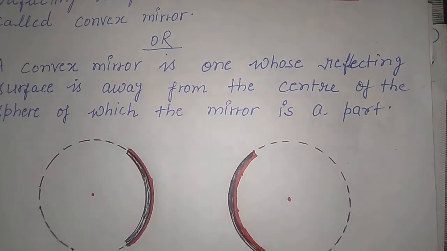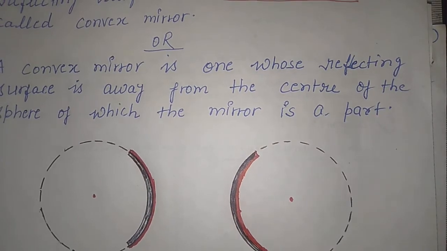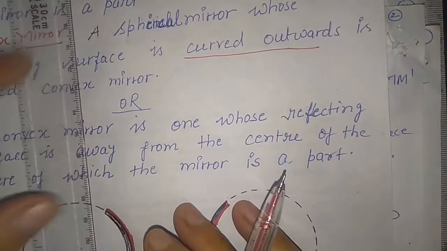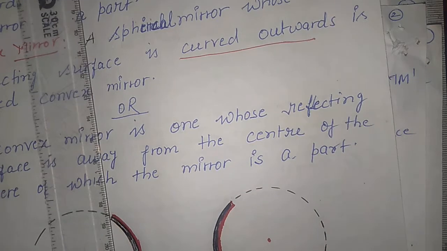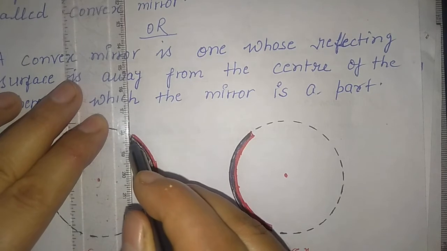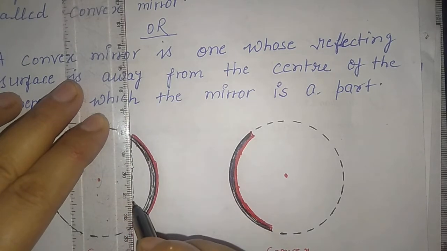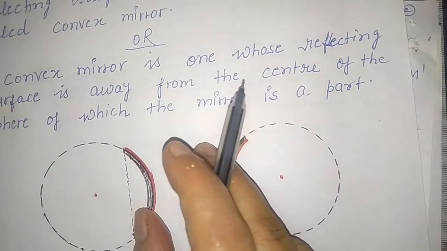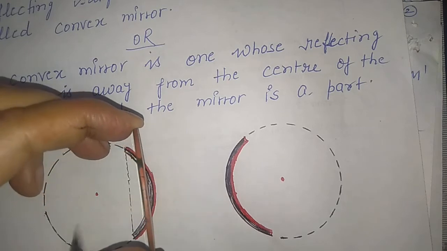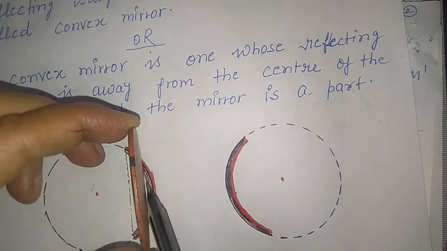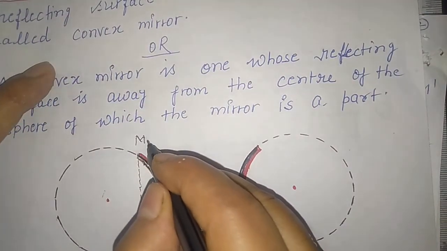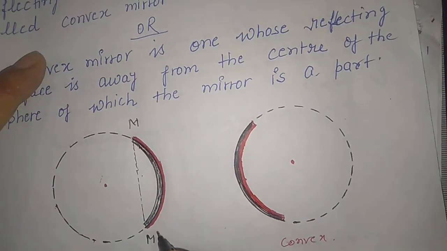So the first one, the aperture, we did. Aperture means the diameter. Suppose we draw a line here like this, from here to here. We can call this m1 m2, or m and m dash, as you wish.